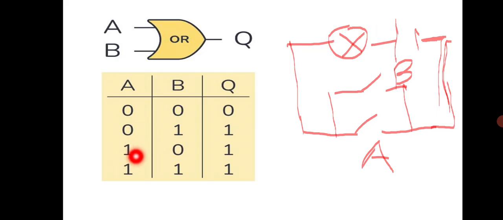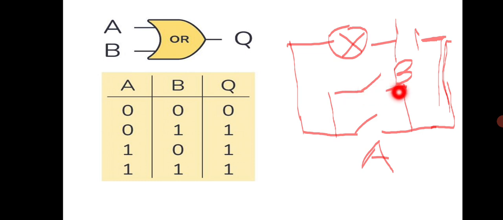But when both switches are closed, we close A, close B, the bulb will not give light. Why? If you close switch A and switch B, what's going to happen is a short circuit.